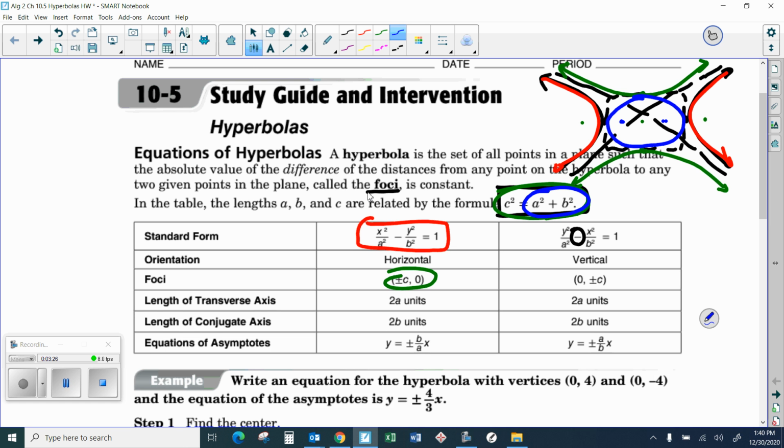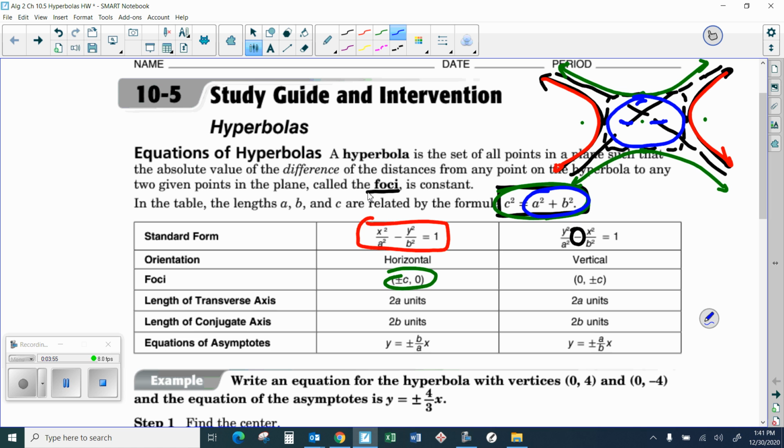So I'm going to have to add them together and take the square root to get that, versus these ones on the ellipse are inside, they're closer to the center. And the closer they are to the center, the more circular it is, remember? So when the foci are at 0, that's when it's a perfect circle. The closer it gets to the center, the closer it becomes a circle for the ellipse.